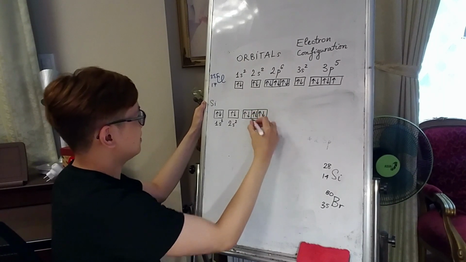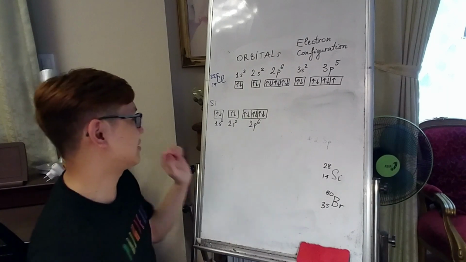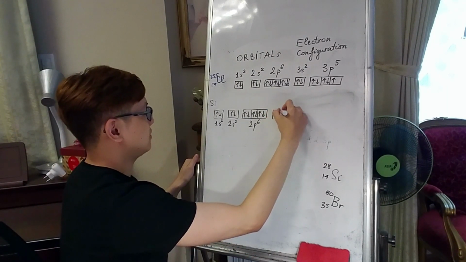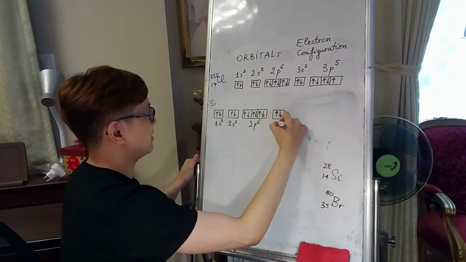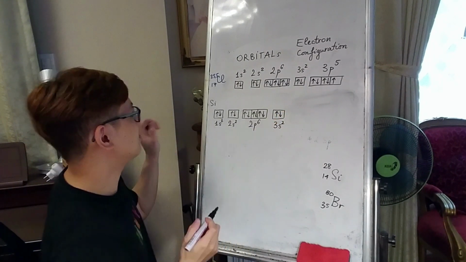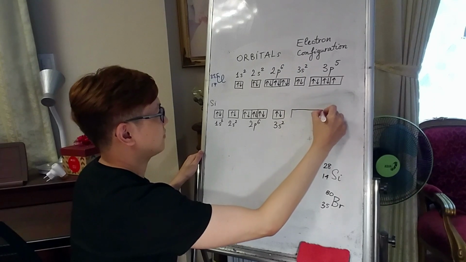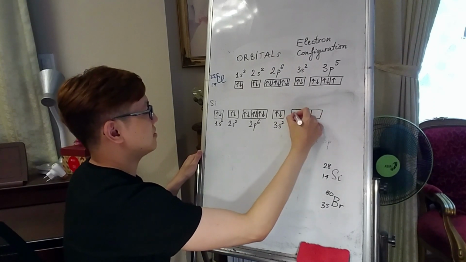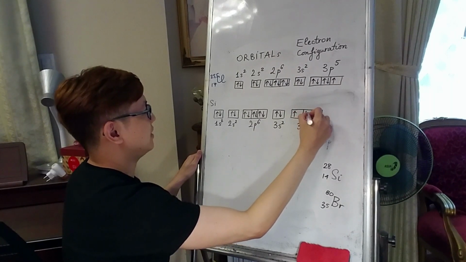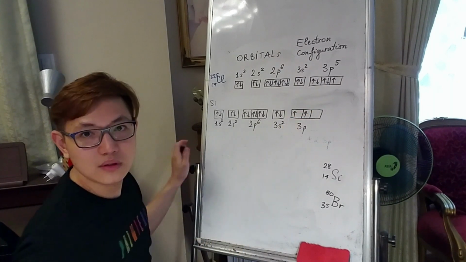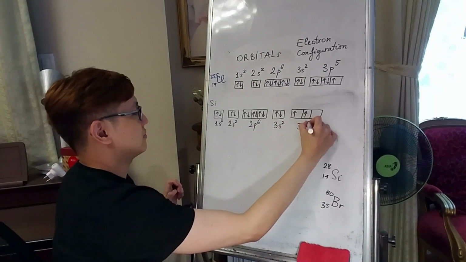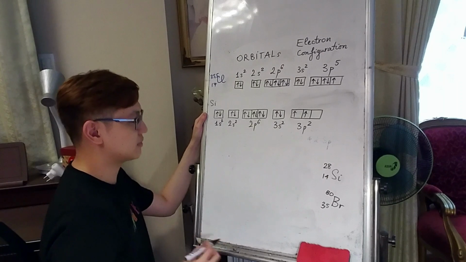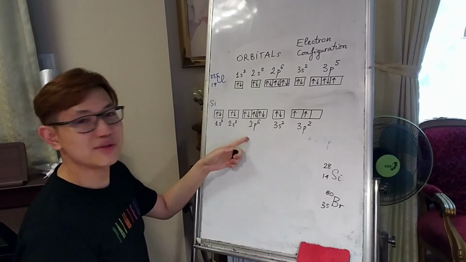That's 2p6. So you have 10 already. You need 4 more. The next one, according to the Aufbau principle, is gonna be 3s, and you have 2 here. You need 2 more. So the next is 3p. So up, up, and this is the last electron I put there. So 10, 14. Okay, that's it. Silicon 14, you get the same result.